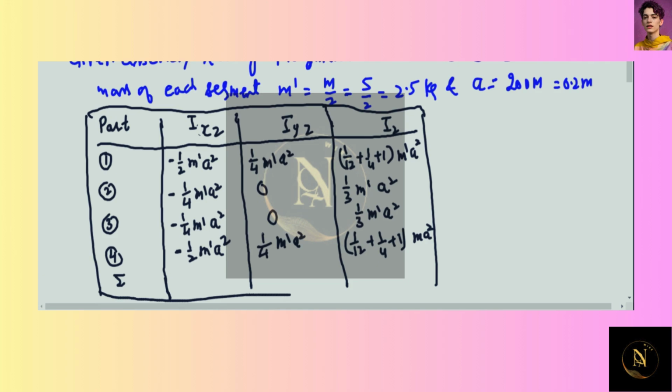If we find the total of the assembly by adding all these, you will get minus 3 by 2 m dash a square, half m dash a square, and 10 by 3 m dash a square.